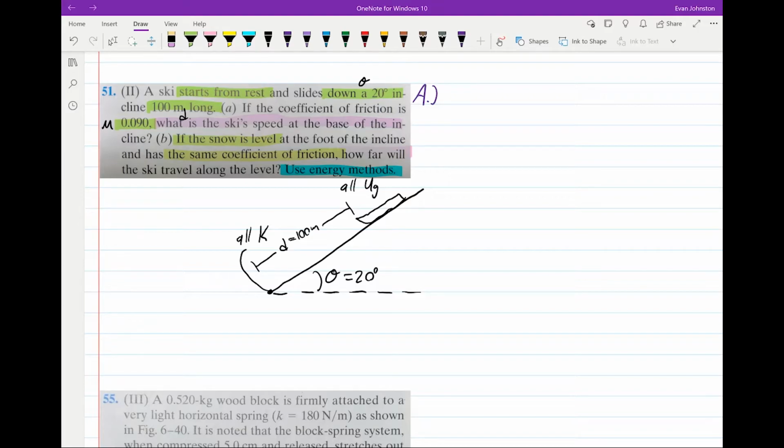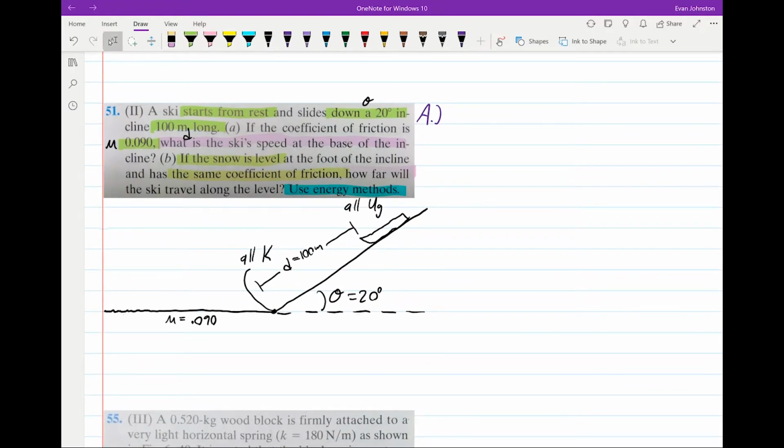Friction is doing some work here to heat up these two materials themselves, which is kind of odd. And then for the last section, part B, we're told it goes some distance over the snow. And we know again that mu is 0.090. Great.